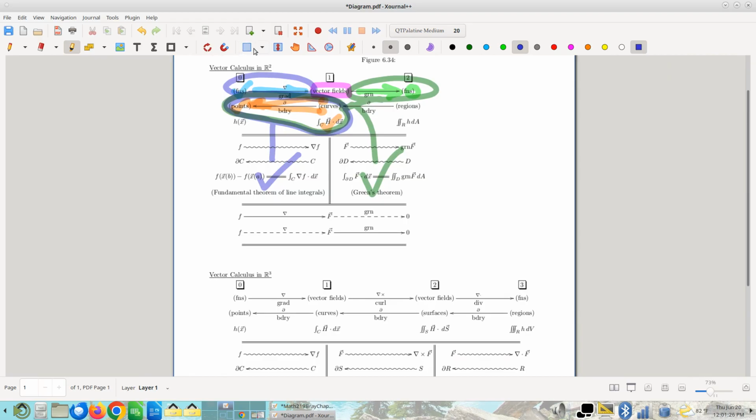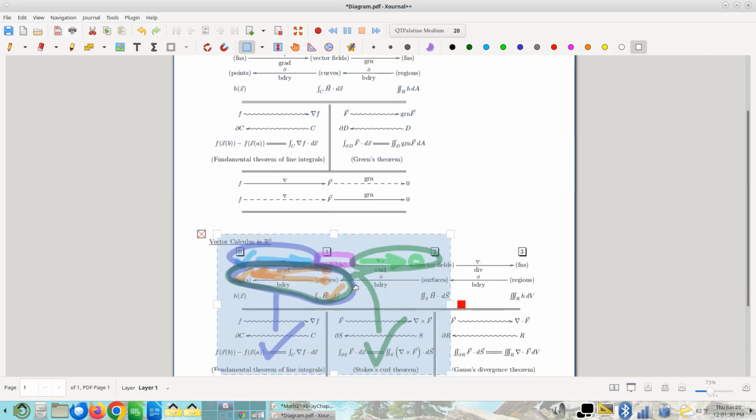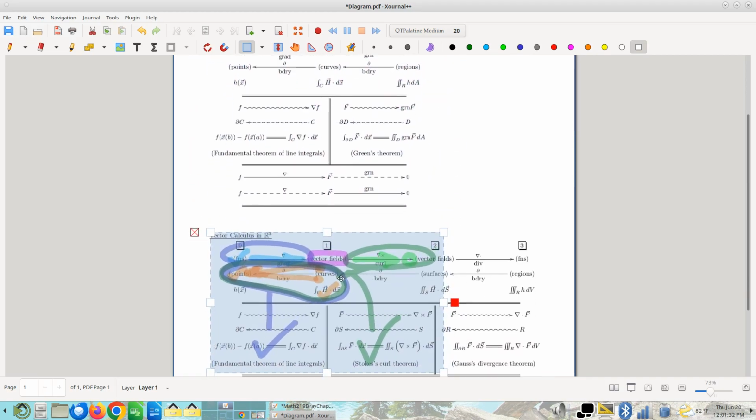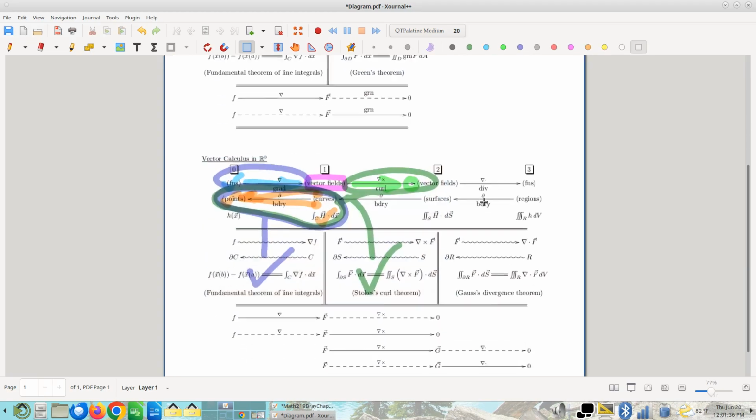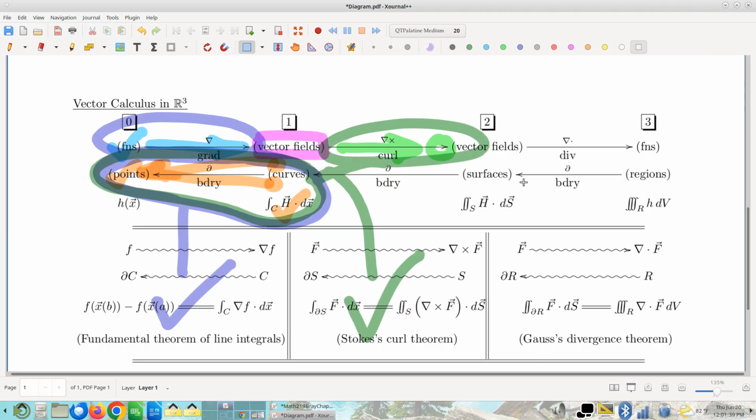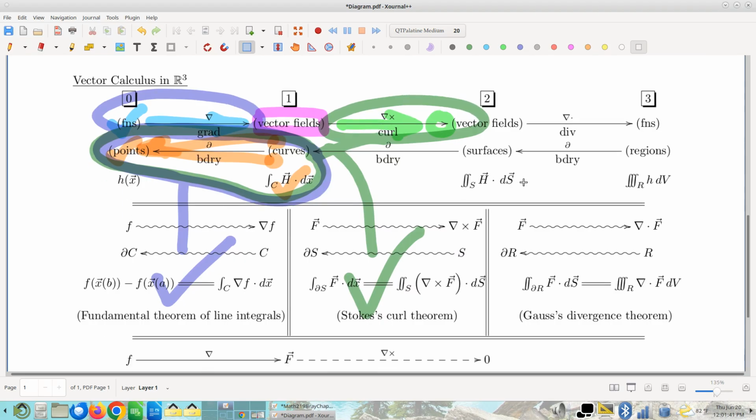That same pattern works down here. Let me go down here. Okay, good enough. So same pattern works down here.